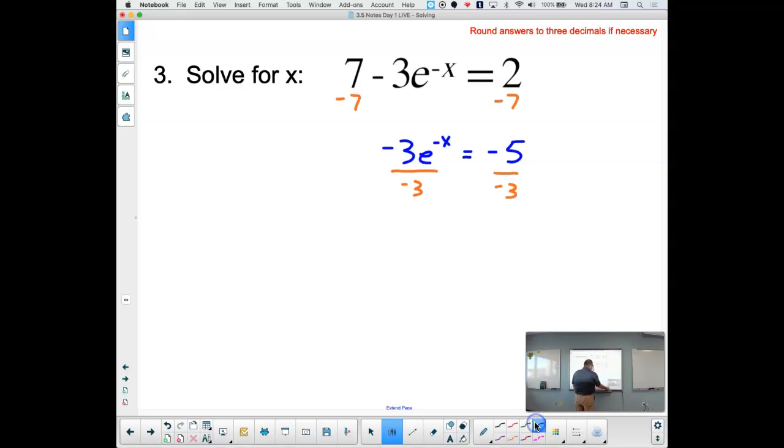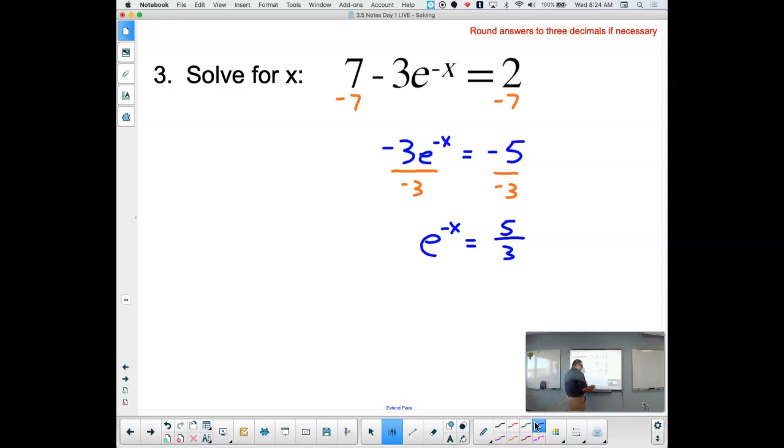That's going to give me e to the negative x is equal to 5/3. That's now isolated my exponential term.